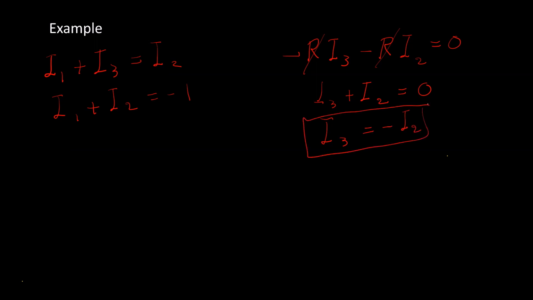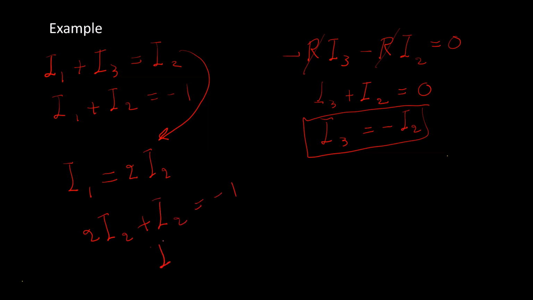I can put that in here. So instead of I3, I can put negative I2. And then from the equation, I will get I1 minus I2 equals I2, or I1 is equal to 2I2. And then if I put all of these in, 2I2 plus I2 is negative 1.